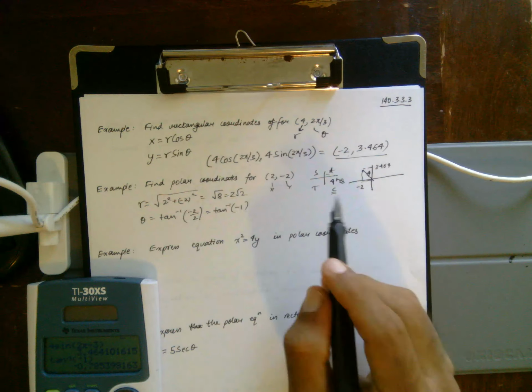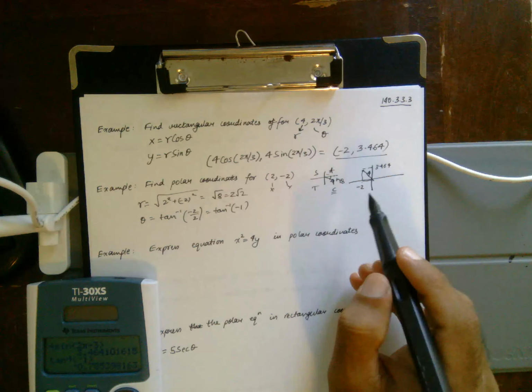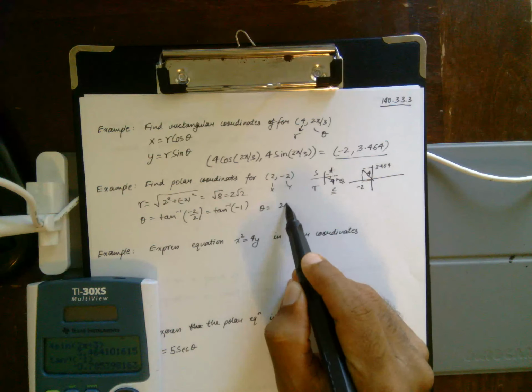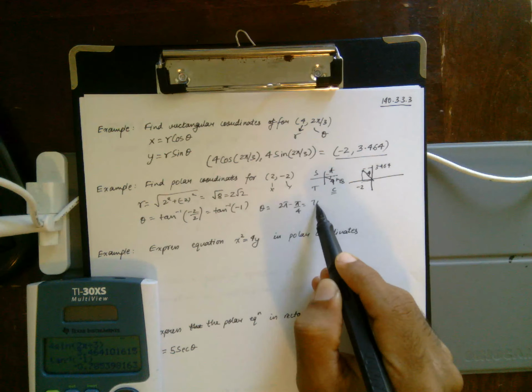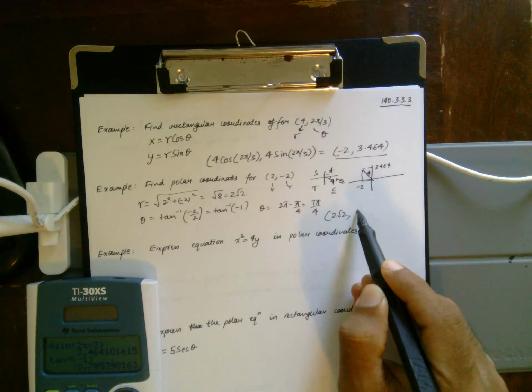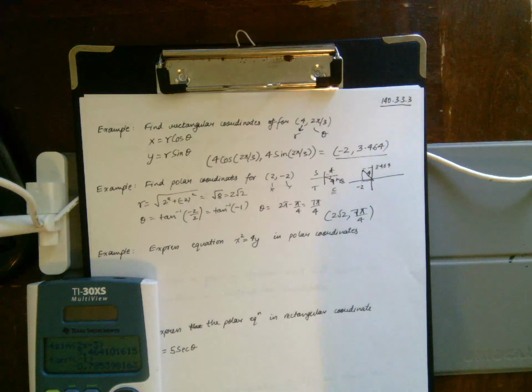So negative 1 would be right here, negative 45, which would give me 2 pi minus pi over 4, which is 7 pi over 4. So this would be 2 root 2, 7 pi over 4.